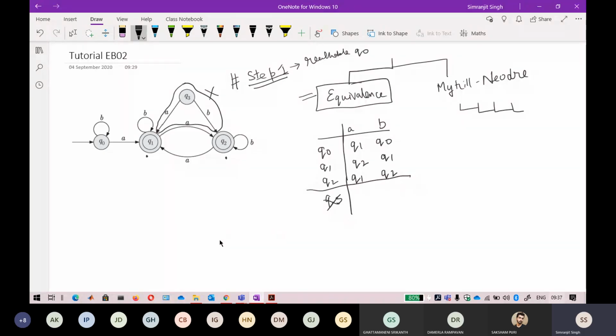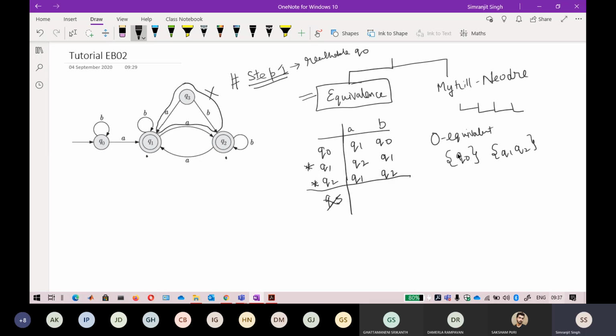I don't think that it can be minimized, but see if we can do it. There are two final states here. So just write the zero equivalent state, in which you write the final and non-final states. This is your non-final state, and these are your final states, Q1 and Q2.